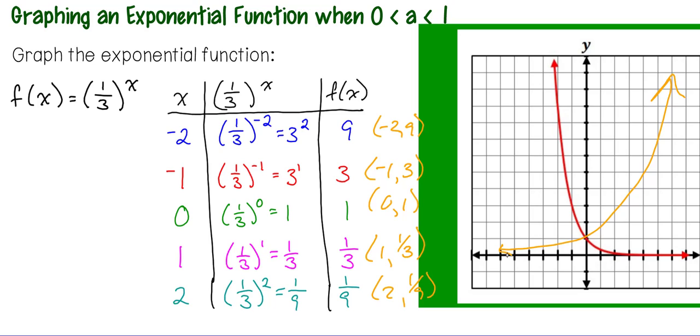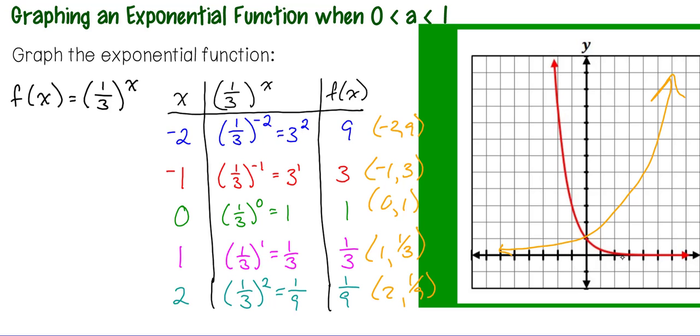So it was the mirror image of it over the y-axis. So if we're dealing with an a that's a fractional number less than 1, then our exponential function is actually going to decrease as x gets bigger. Our domain's the same and our range is the same. We have the same horizontal asymptote. It's going to approach the x-axis but never touch it.